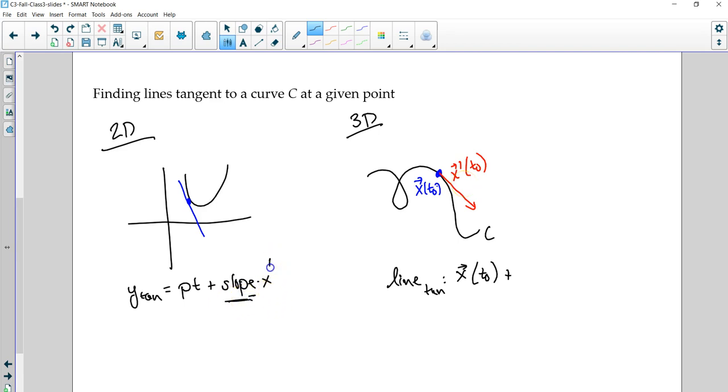So we have a multiple times the slope. So the slope here is going to be the derivative vector, so x prime at t naught, and then we're going to multiply by a multiple, which is t. And then t is within something. We'll have to verify that. It could just be R, it could go in both directions, but make sure to pay attention to that in the problem. So those are the wrap-up notes I have for this week.